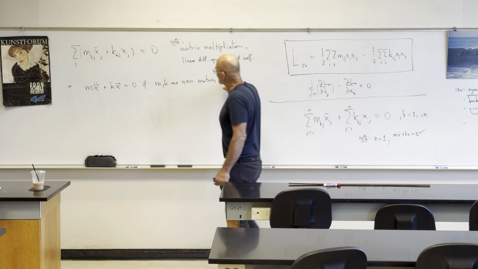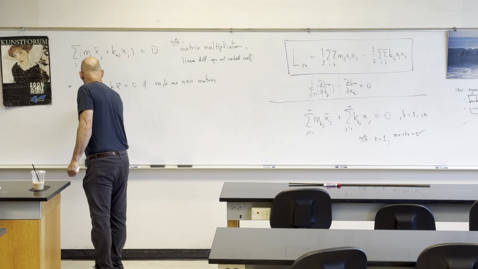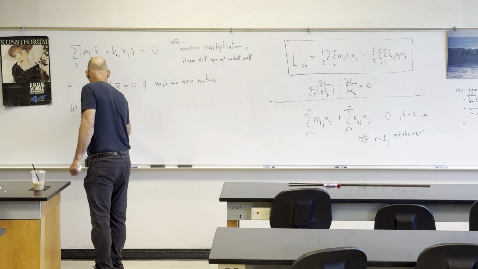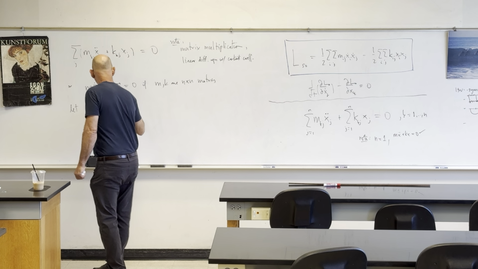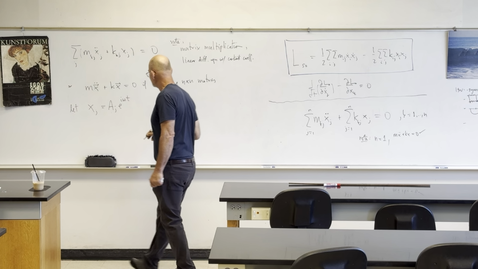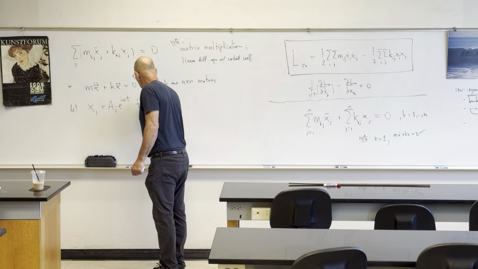Under those circumstances, you're justified in saying, let's let X sub J be equal to A sub J e to the i omega t. That's a trial solution that will lead to success.